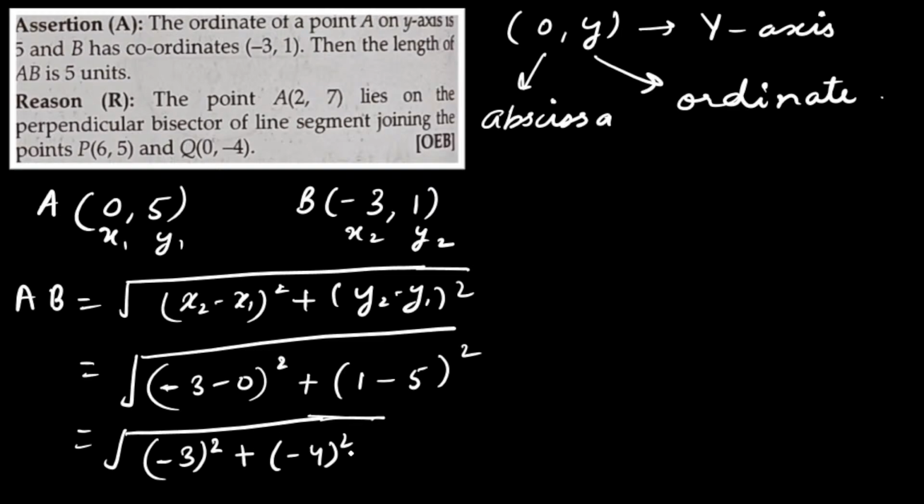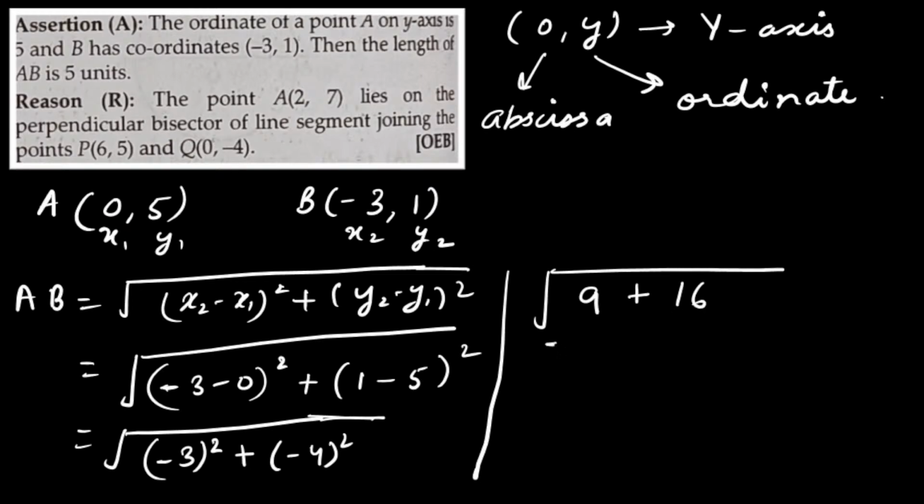So minus 3 whole square: the square of a negative is always positive, so it is 9. Minus 4 whole square is 16. 9 plus 16 is 25. So the square root of 25 is equal to 5 units.